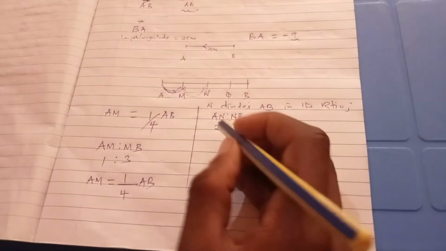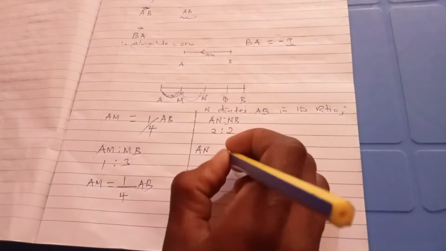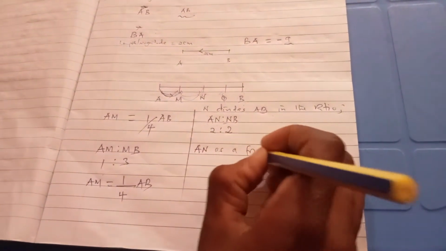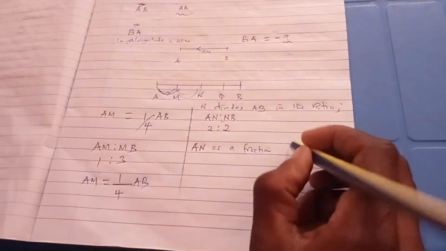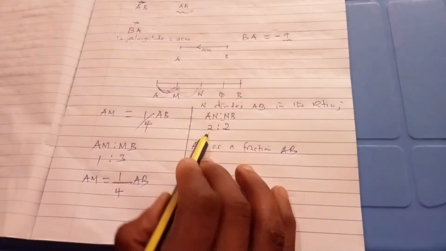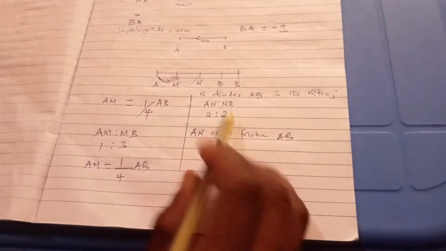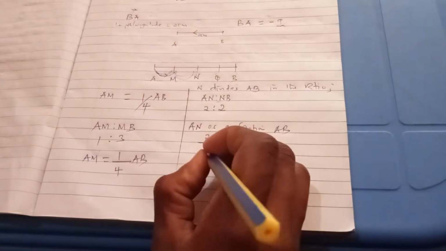So another way, how can we write AN as a fraction of the whole line, which is AB? What we will do is that it will be 2. We know that there are 2 points between A and N. That is 2 all over the whole line, which is 2 plus 2, which is 4.